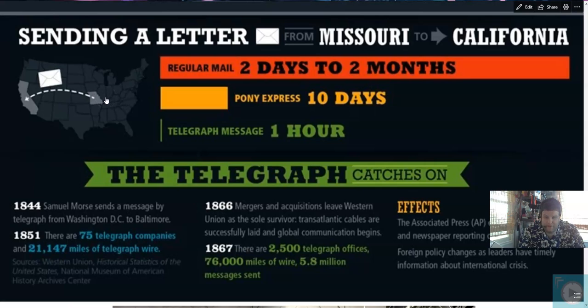And then the last reason, more efficient. This is probably the innovation that our textbook focuses the most on. But the ability to communicate almost instantly with even the telegraph is a huge game changer. It's really hard to imagine what that means nowadays with the internet and high-speed internet.